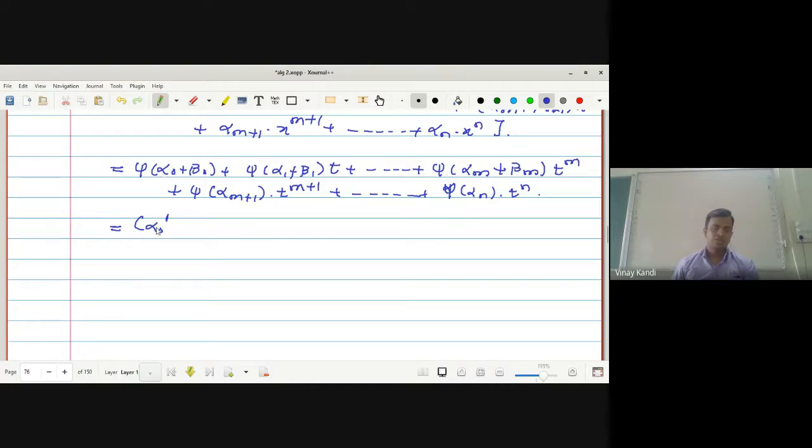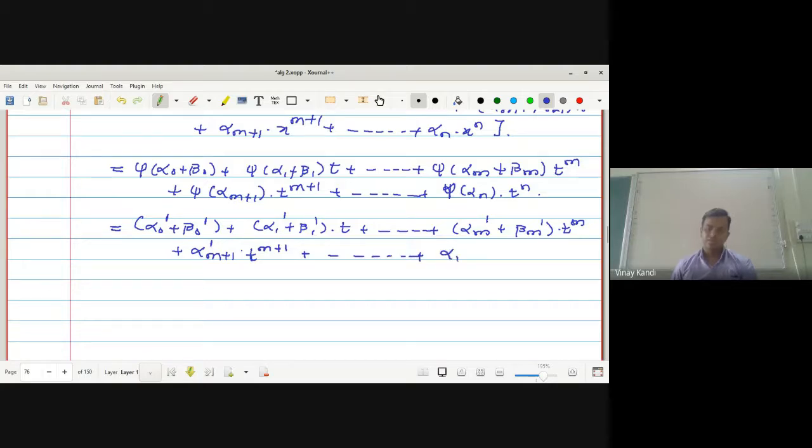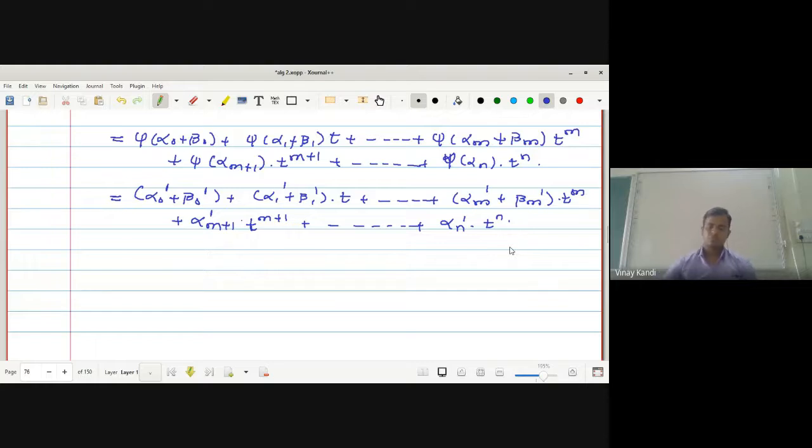So here we get alpha naught dash plus beta naught dash, plus alpha 1 dash plus beta 1 dash into t, plus up to so on alpha m dash plus beta m dash into t raised to m, plus alpha m plus 1 dash into t raised to m plus 1, up to so on alpha n dash into t raised to n. Any doubt up to here?